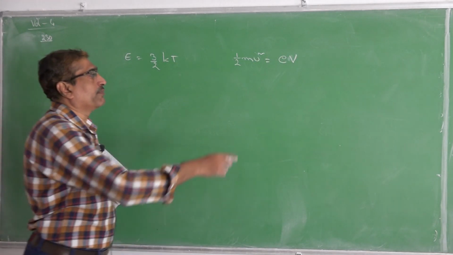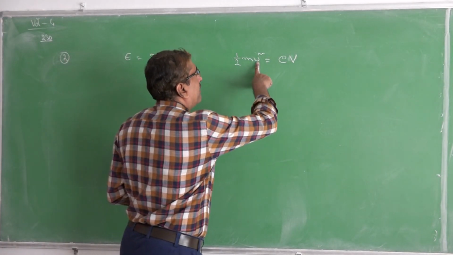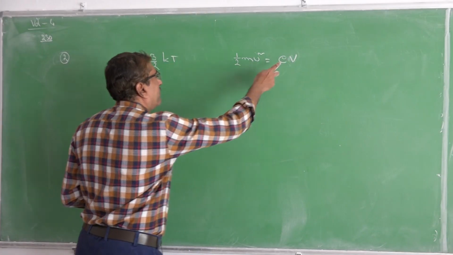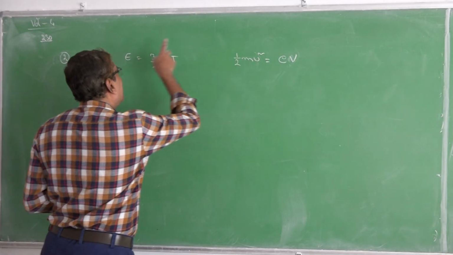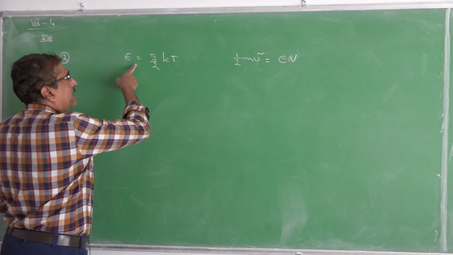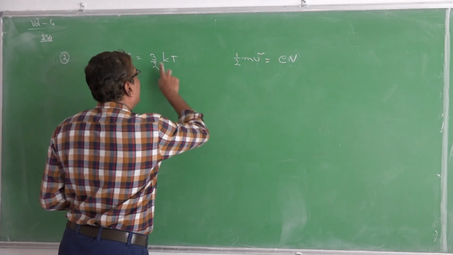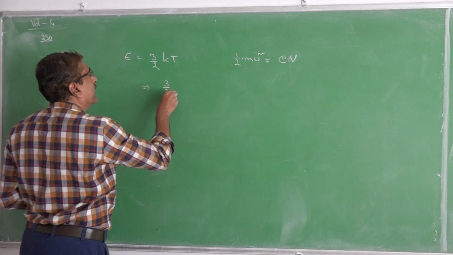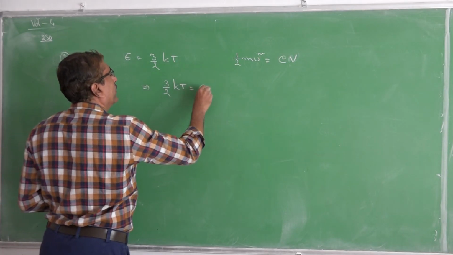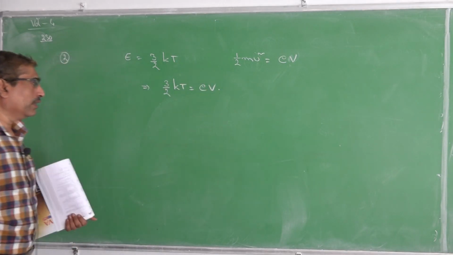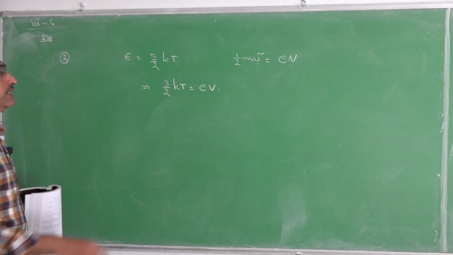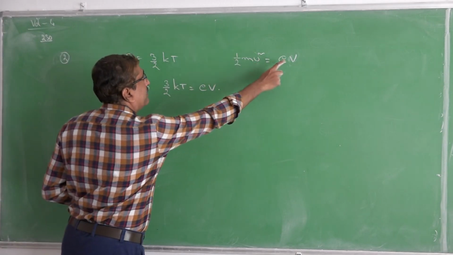So this is the kinetic energy gained by an electron when it is accelerated through a potential difference of V volt. So if this kinetic energy is equal to the kinetic energy of a gas molecule, that means we have to equate these two. That implies 3 by 2 kT is equal to eV.